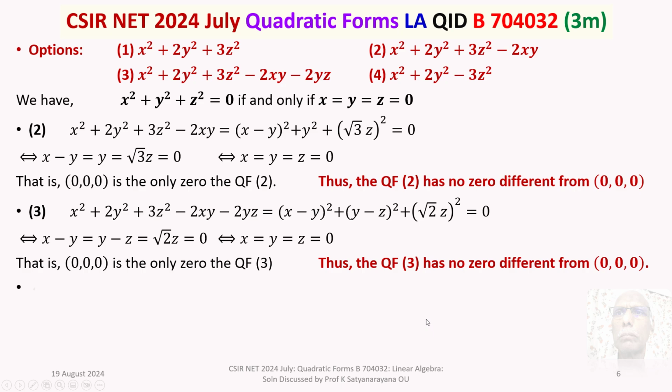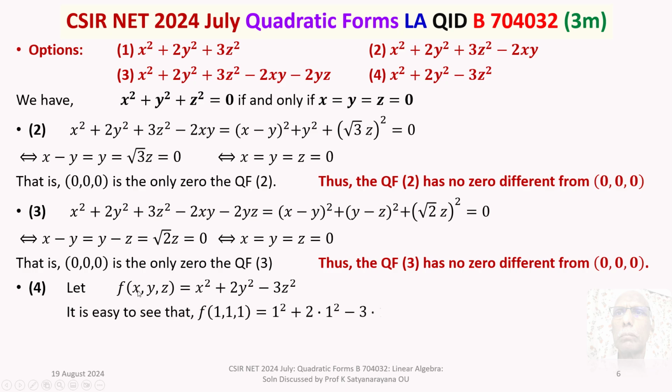But how? Take option 4. Let f of (x, y, z) be the quadratic form given in option 4, that is x square plus 2y square minus 3z square. It is easy to see that when you substitute (1, 1, 1), this becomes 0. So, f of (1, 1, 1) is 1 square plus 2 into 1 square minus 3 into 1 square, which is 0.